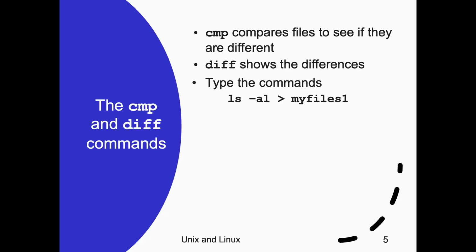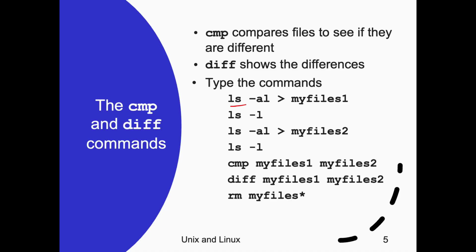We have an example here, which just creates two similar directory listings with slight time differences. This first one redirects a detailed directory listing to a file, and the second one is literally the exact same, except it will show different timestamps.